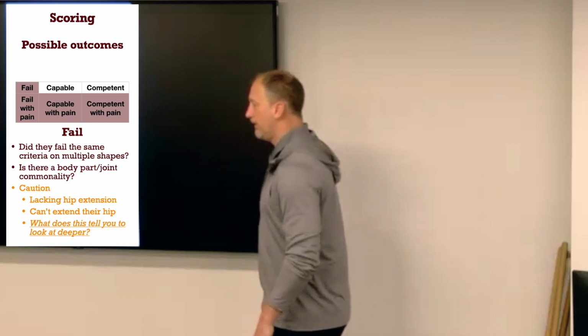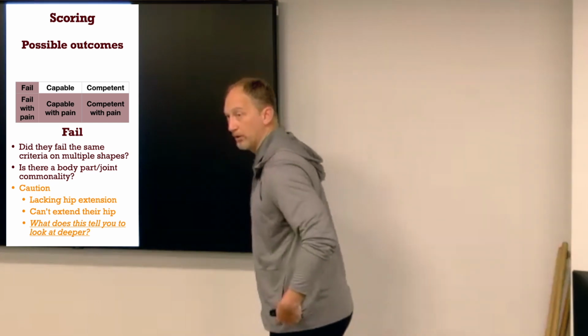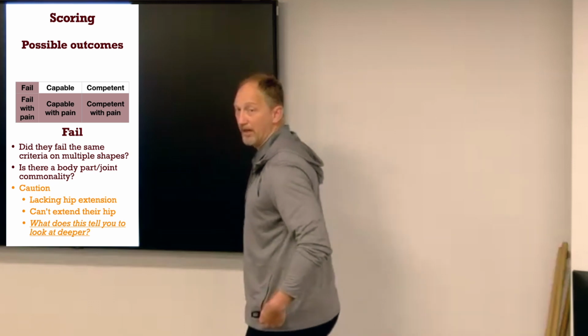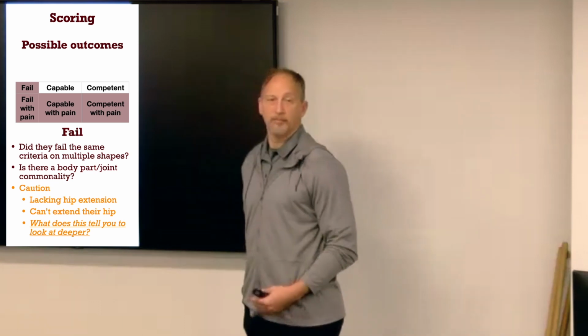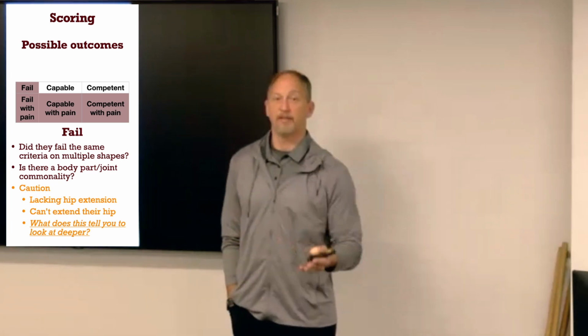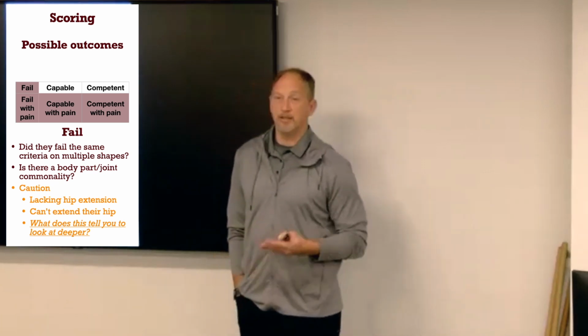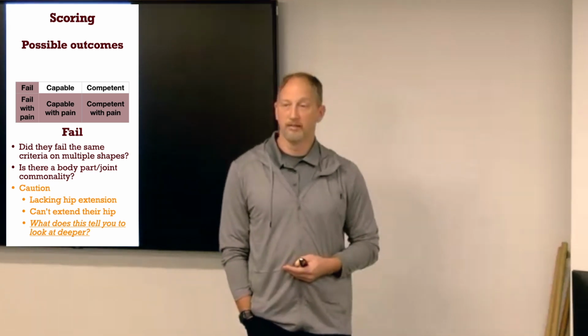If in standing, they can't extend their hip, in the setup for back rack short overhead, they can't extend their hip, in bottom of lunge, they can't extend their hip, you can probably at that point say it's a hip extension problem because they failed it every single time. And how I would actually say that is they're lacking hip extension in every way that we looked at it.